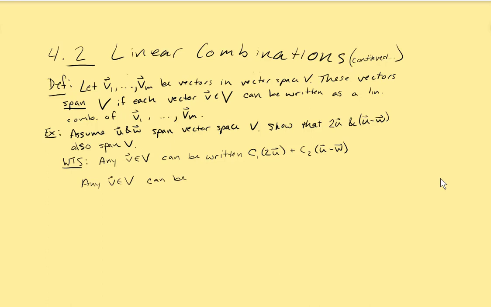So let's say that any vector v in the vector space can be written v equals some scalar a times u plus scalar b times w. Now our whole goal is to see what these scalars c1 and c2 would have to be so that this expression is equivalent to this expression. Well, we'll pull some crafty tricks to try to convert this to something of this form. Let's see if we can do this.